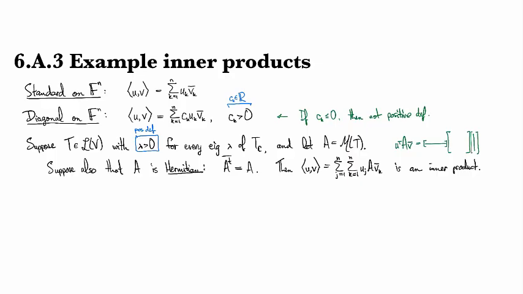By the way, this is the reason why a lot of people, especially if they're coming from a physics background, actually define the inner product differently. They define it so that the conjugate is over on the left argument, so that it's linear in the second slot and conjugate linear in the first slot.